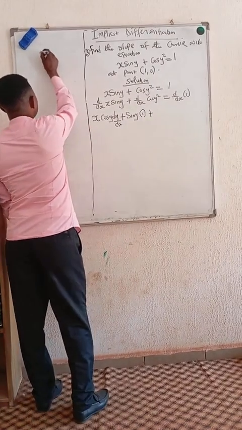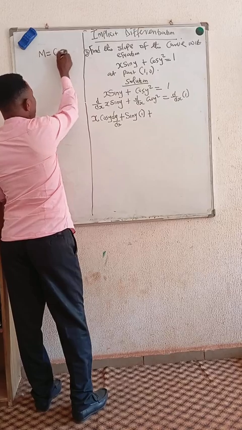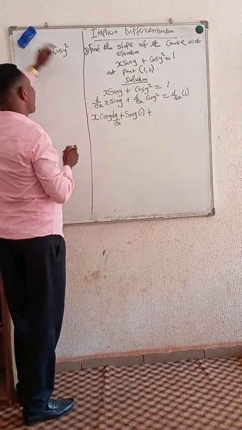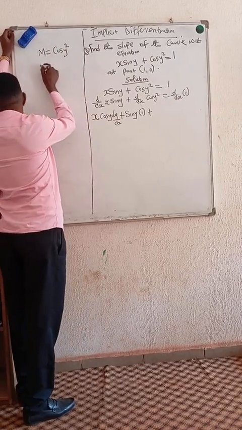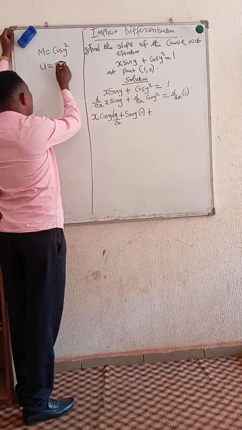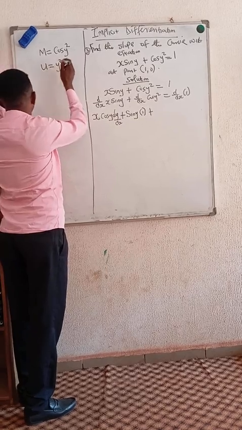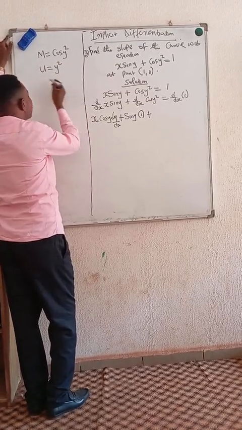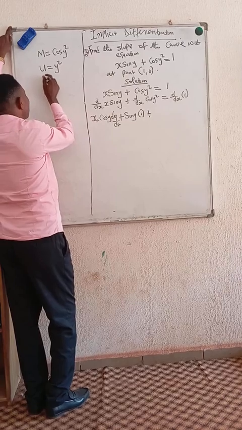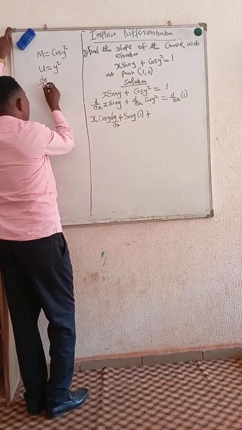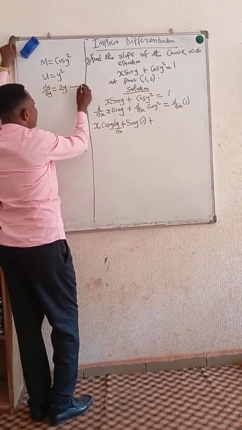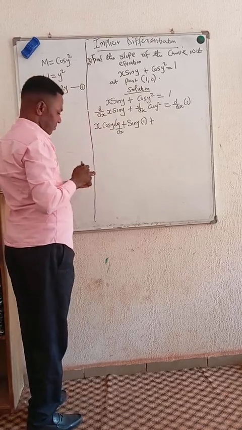Let m be cos y², so that we can say u is equal to y². Then du/dy will be equal to 2y. Let me call this equation 1.